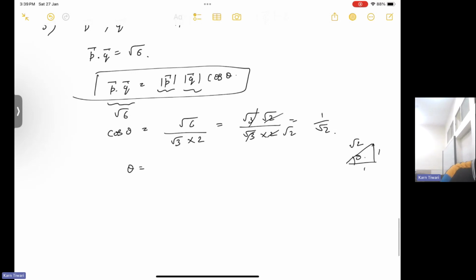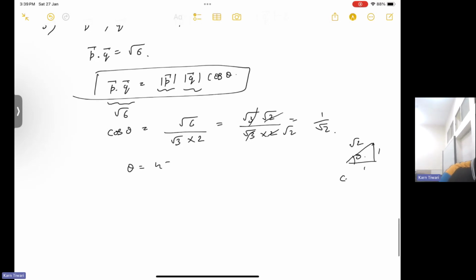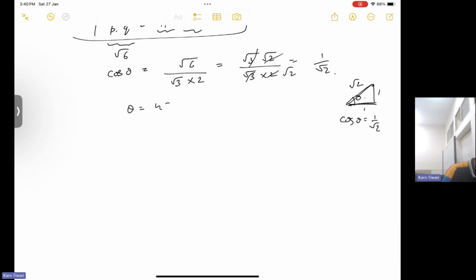So cos theta in that case is 1 by √2, which is base by hypotenuse. Okay, so any questions? This is 45 degrees.